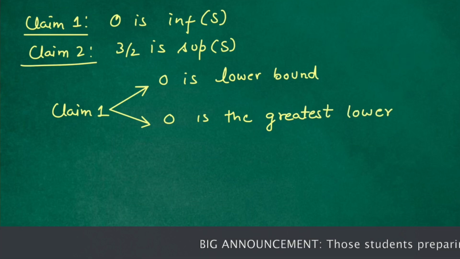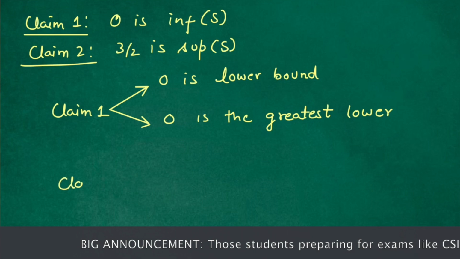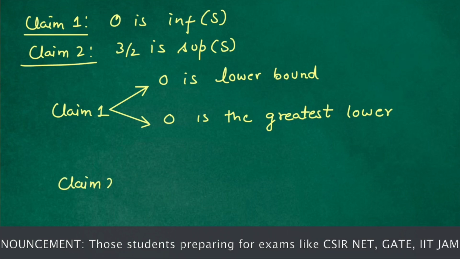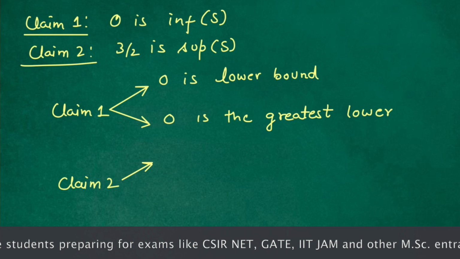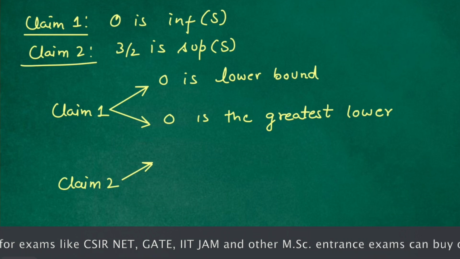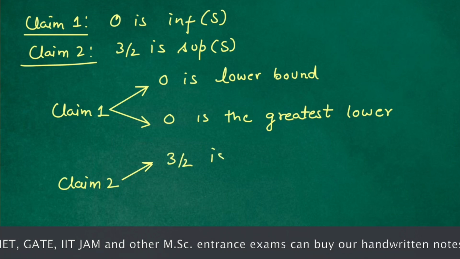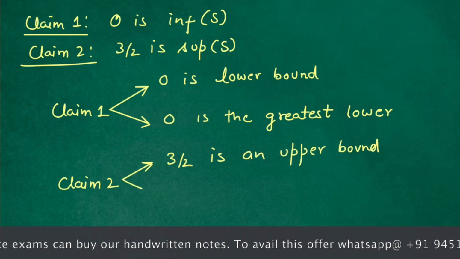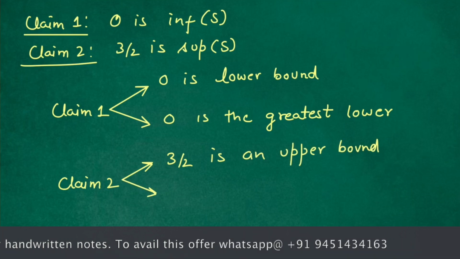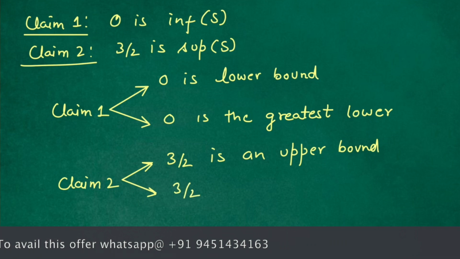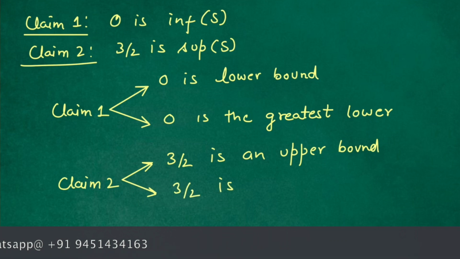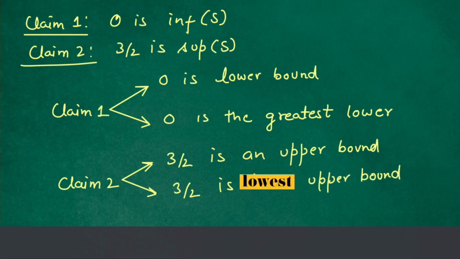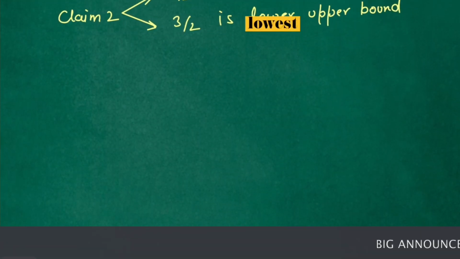In the same manner we will also prove claim 2 in two steps. In the first step we will prove 3 by 2 is an upper bound, and in the second step we will prove 3 by 2 is the lowest upper bound. So let us start proving claim 1.